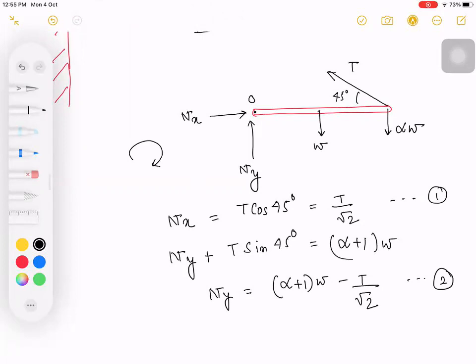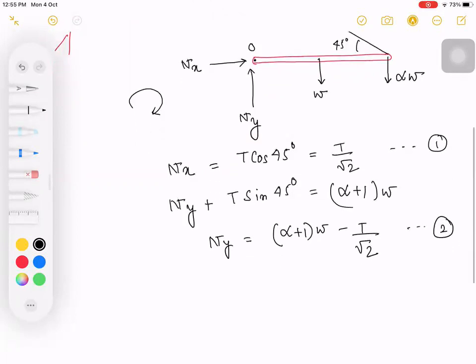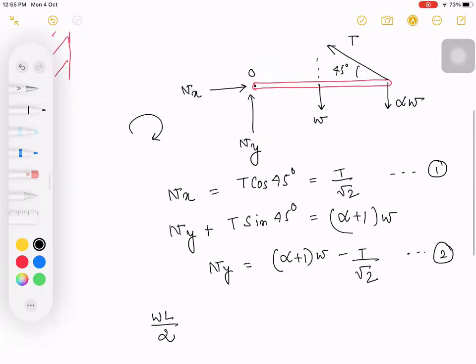Alpha W also has a moment in the clockwise sense, and tension has a moment in the anti-clockwise sense. Let's take the clockwise sense as positive. In that case, I would have W into L by 2, since W acts along this line, plus alpha W into L. That's all the moment in the clockwise sense.